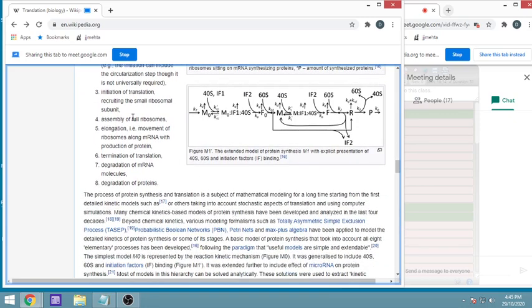Then next is assembly of full ribosomes. Then elongation, that is addition of various amino acids. Lastly, termination of the translation, degradation of mRNA molecules, because whatsoever mRNA is there, it is degraded. That means now it will not make any copy of that. It is over. And lastly, degradation of the protein.